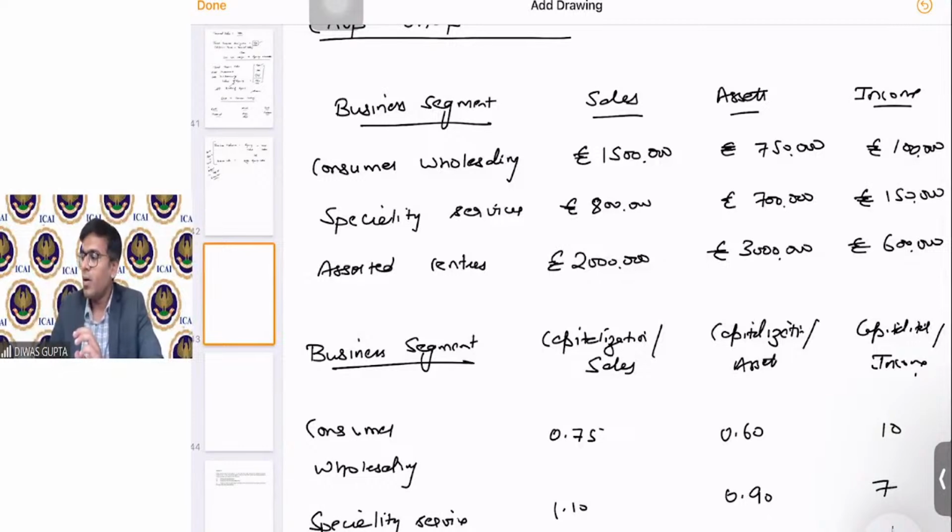And then all these three levels. So for example, basis sales, you come to know that there is X value, basis assets, it's Y value, and basis income, it's Z value for the company put together, for all the three business segments put together. Now you have to take an average of all these three to arrive at the overall company's value. We will calculate that so as to arrive at the overall value, students.